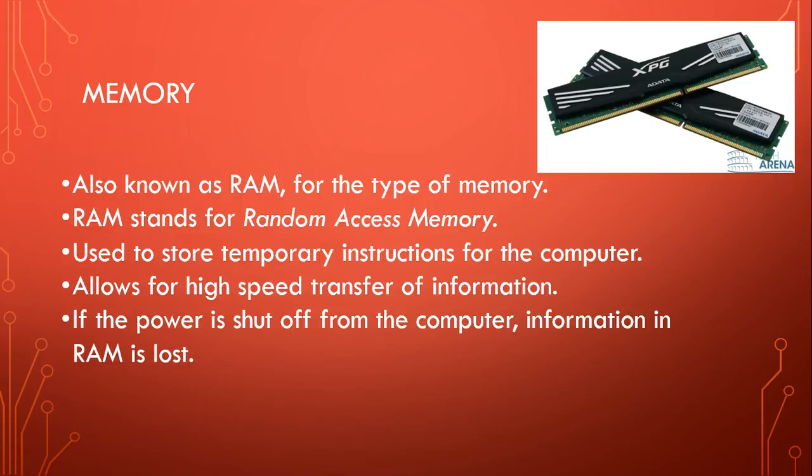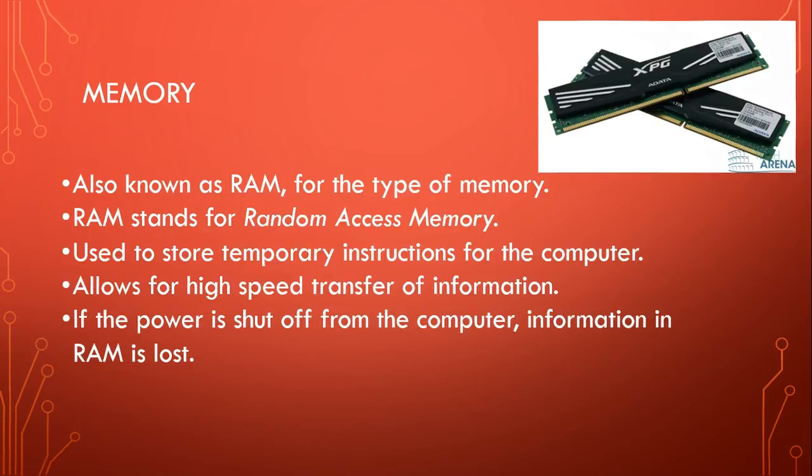It's one of the fastest forms of transmitting that information. However, it's volatile, because if the power is shut off from the computer, any information in RAM is lost. So those temporary instructions that are in RAM are no longer there. That's part of the reason why people ask, have you tried turning your computer off and on? Some of those problems might exist here in memory, and by restarting your computer, you flush that out.